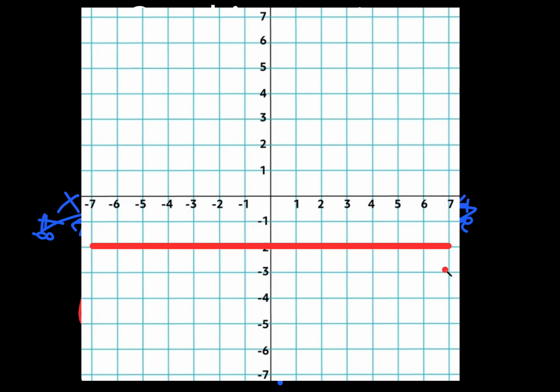Firstly, we are going to see if it is a horizontal or a vertical line. This line right here is horizontal.